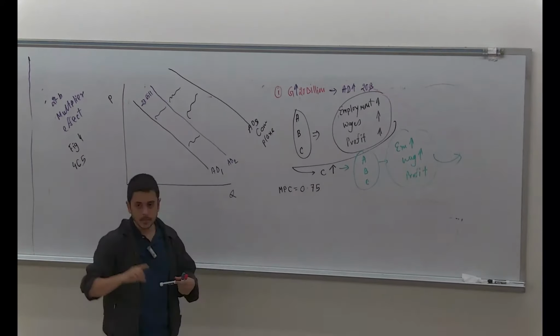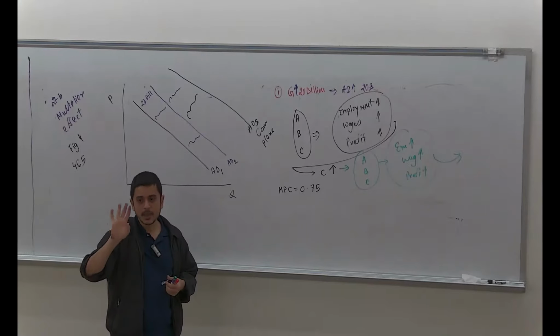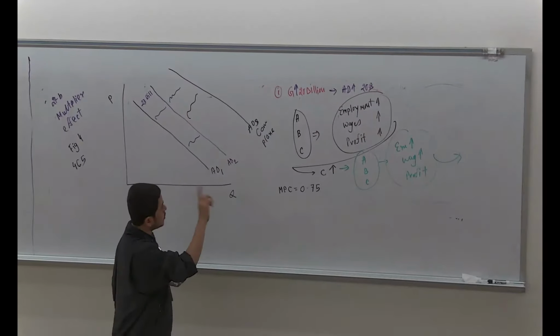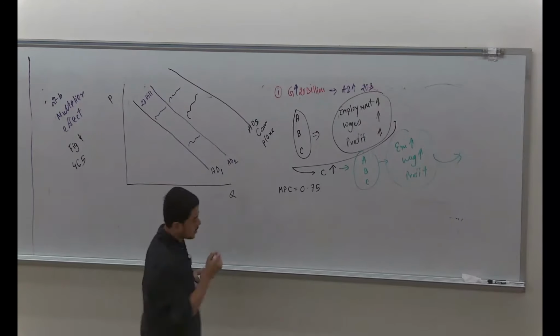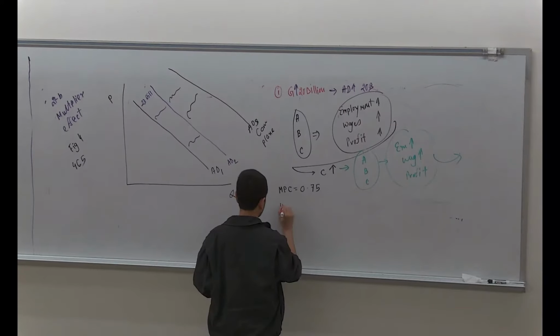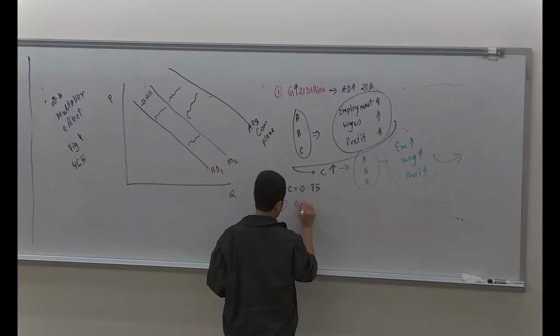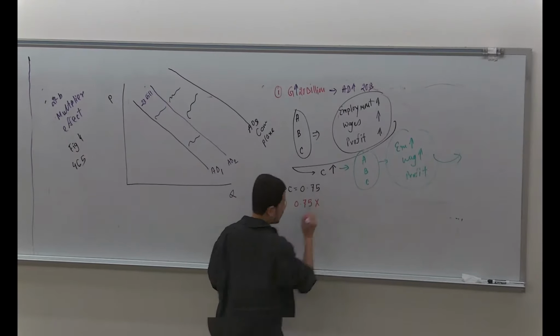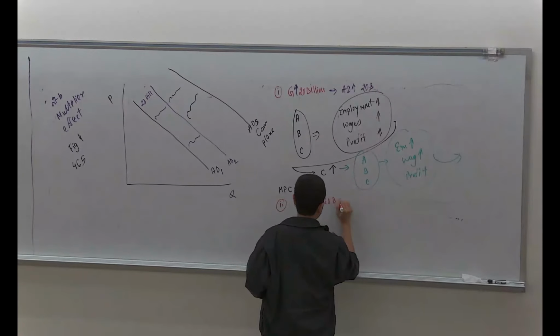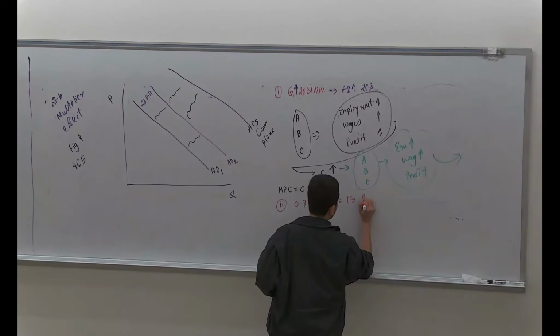It means when people earn $1, they consume 75 cents, and 25 cents may be savings. So in the first stage, it increased by 20 billion. In the second stage, people consume 75%, so it goes up by 15 billion.